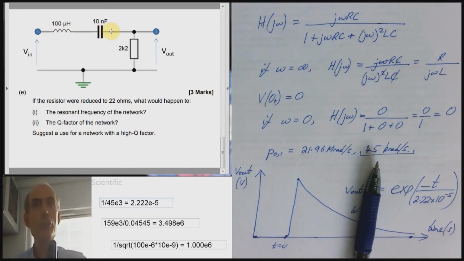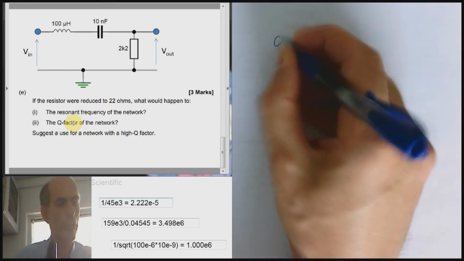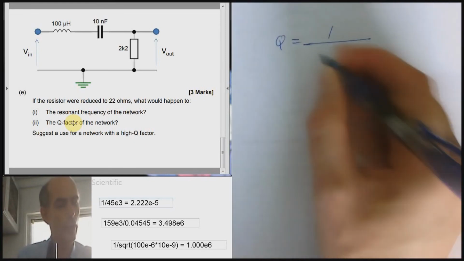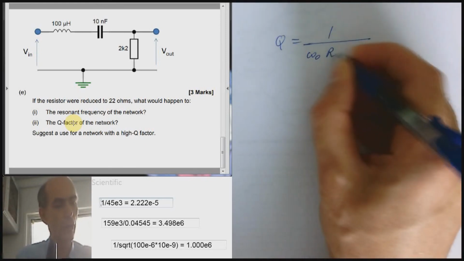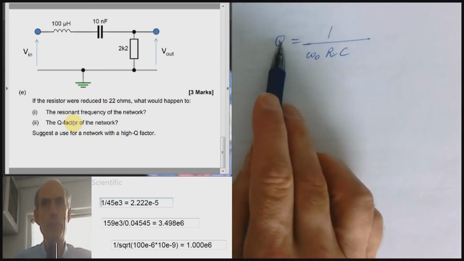It has nothing to do with the resistance at all, and therefore if you change the value of the resistor, the resonant frequency does not change. However, the Q factor is inversely proportional to the resistance, so if you decrease the resistance by a factor of 100, you would increase the Q factor by 100. The formula that we got for that was Q equals 1 over omega naught RC. So decrease R and Q goes up.